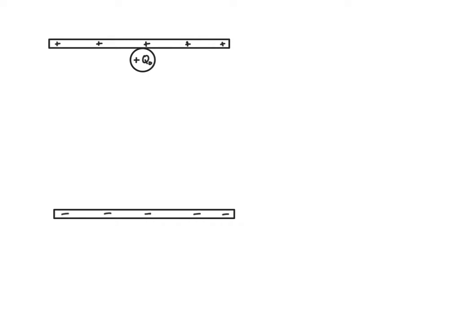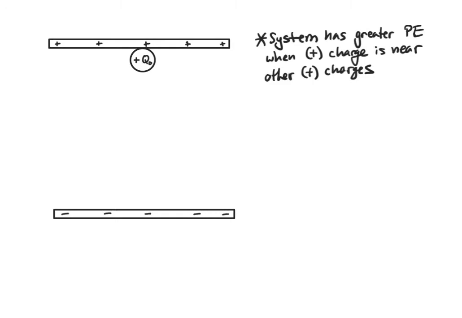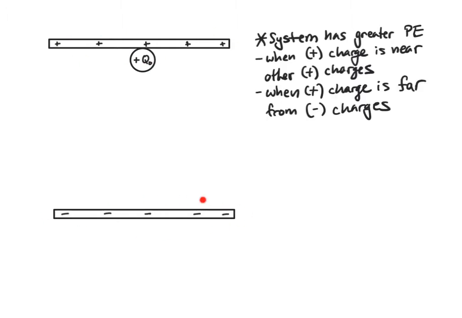In other words, our system has a greater potential energy when our positive charge is closer to the other positive charges, or when it's far away from other negative charges.